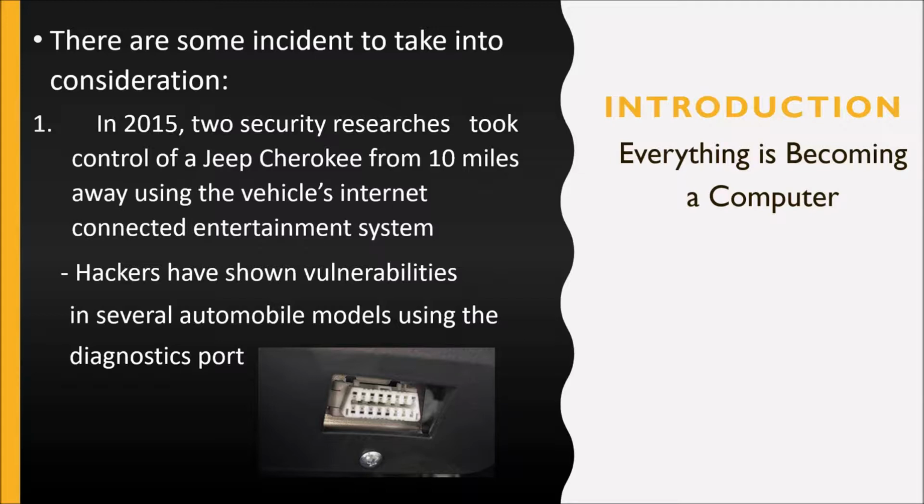And that's the way they did it. They also could have used the brakes or stopped the engine, which they eventually did, or steered the wheel violently, and that would have caused an accident. However, as you can read here, they were researchers, so they were just testing the capabilities of what they can do.